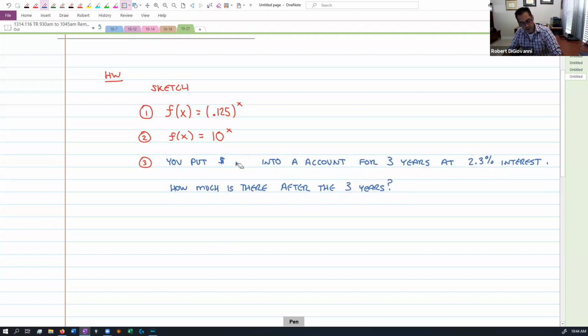Instead of $5,000, let's say you win the lottery. Okay, not a huge one, just a minor one, I guess. Let's say you win $1 million. So you're not quite sure what you want to do with it, so you put it into this account and you leave it in there for just a year.